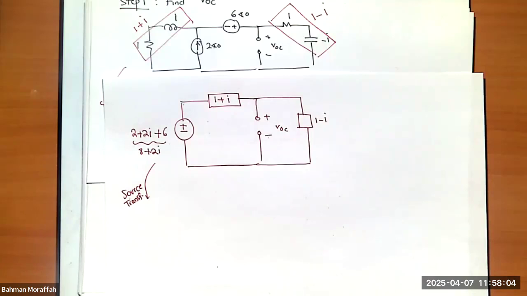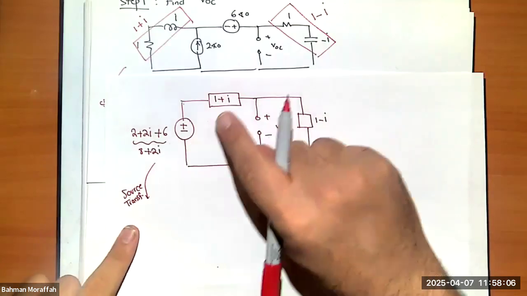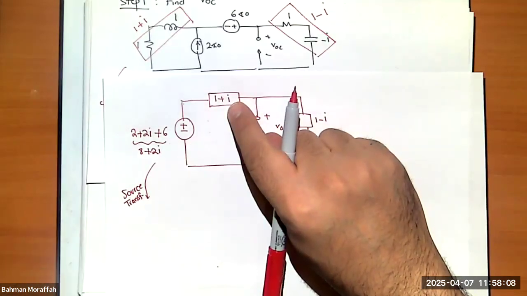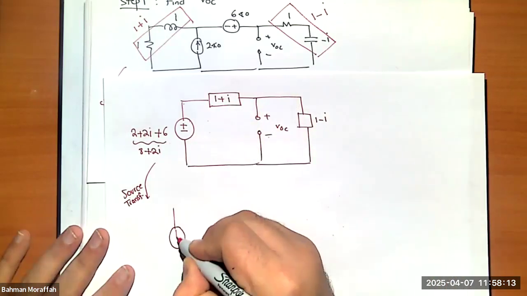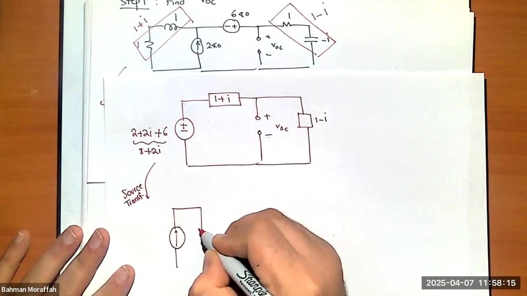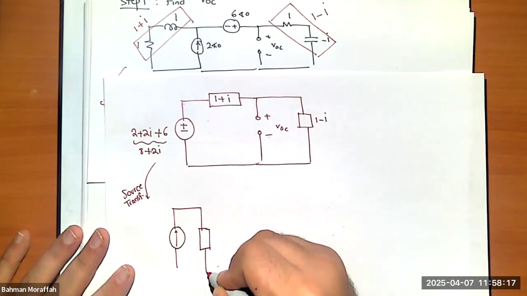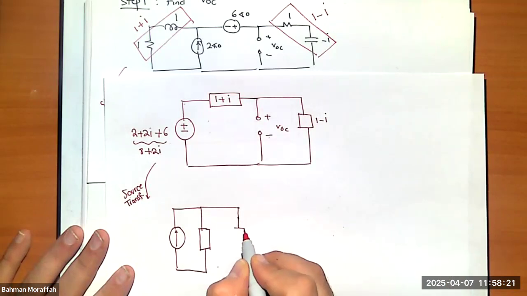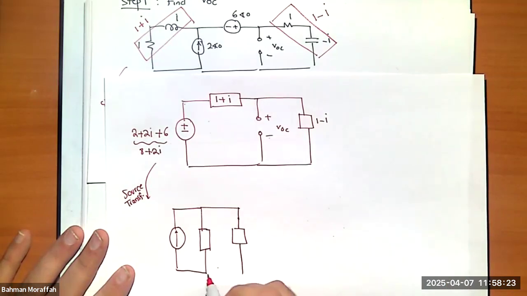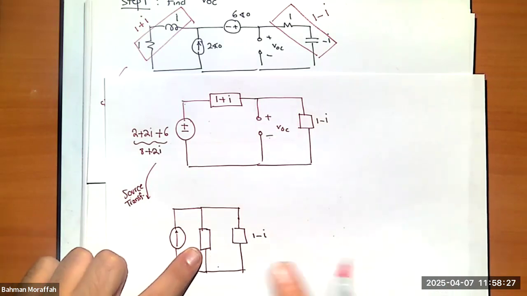If I apply source transformation, I know if I have a voltage source followed by an impedance in series, I can replace it by a current source followed by an impedance in parallel with it. And the rest of the circuit remains unchanged. What is the value of this impedance?